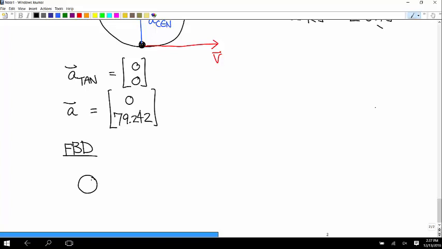What forces are acting on the ball? Yep. So that's the mass 0.1 times 9.81, so 0.981. And one other force, what is it? The tension, and what way does that point? Toward the center, yep. And that is a value T. We don't know what that is.